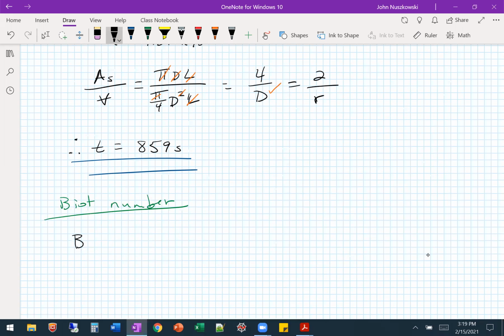So the Biot number is h times characteristic length over thermal conductivity of the solid, in this case of the steel.